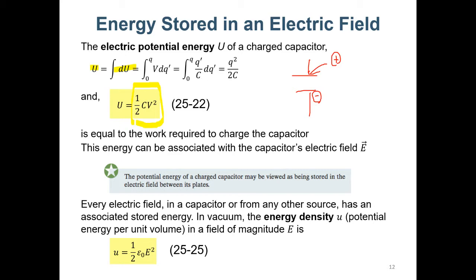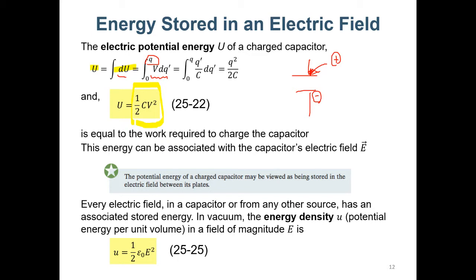At the very beginning, the work done you need to put on it would be smaller because there is no charge on it, so you can put it on easily. Then the work done will vary after you put more and more charges. So actually, dU is V dq prime, and all we need to do is put charge on the plate until there are total Q charges.